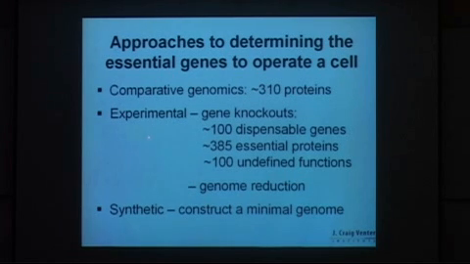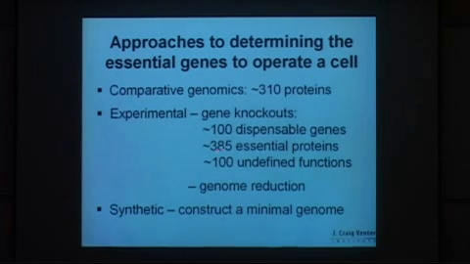Another kind of approach that's been taken is an experimental approach using gene knockouts. And we have been able to knock out about 100 of the annotated genes in Mycoplasma genitalium individually, one at a time.